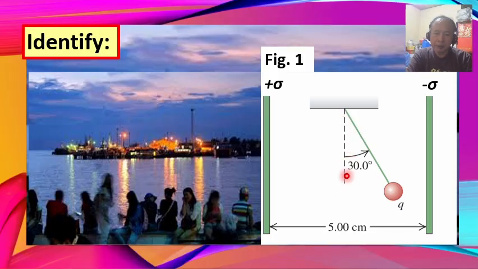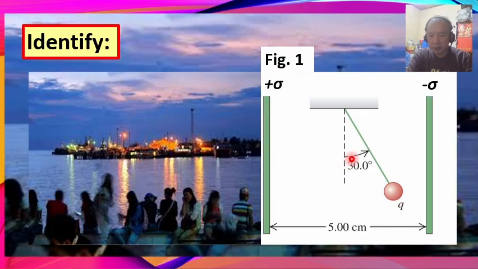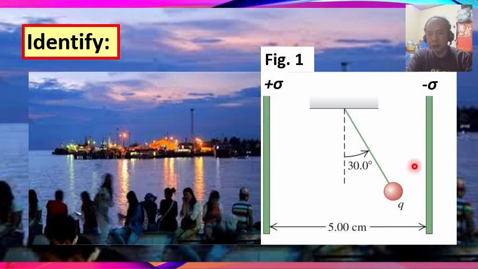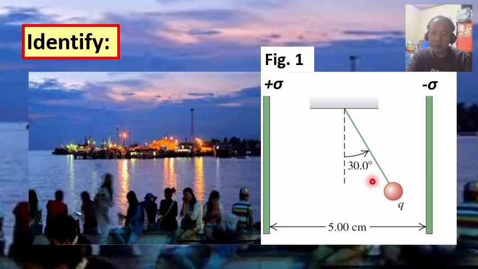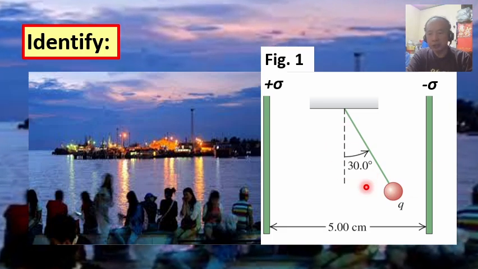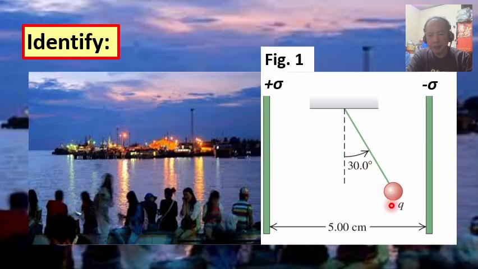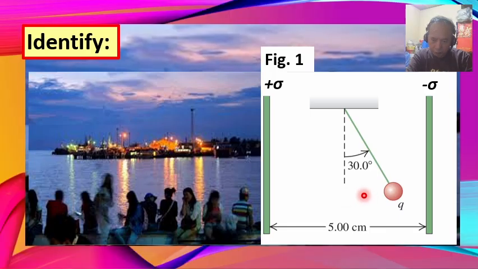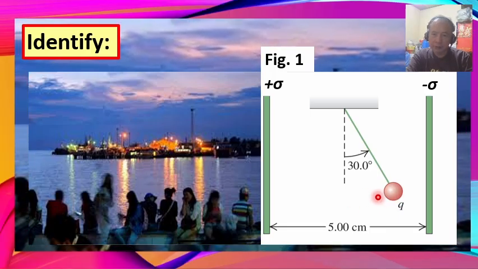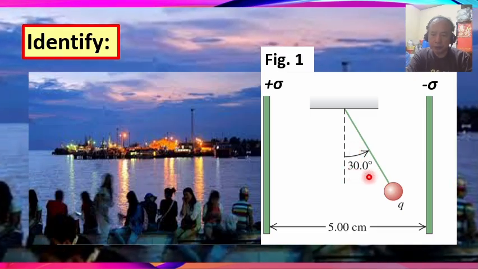But at this point, when the charged sphere is placed in between these charged plates, this is what happens to the charged sphere, right? It is deflected to the right, making an angle theta equal to 30.0 degrees.